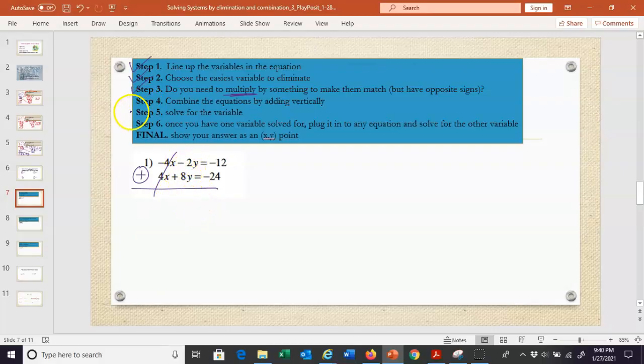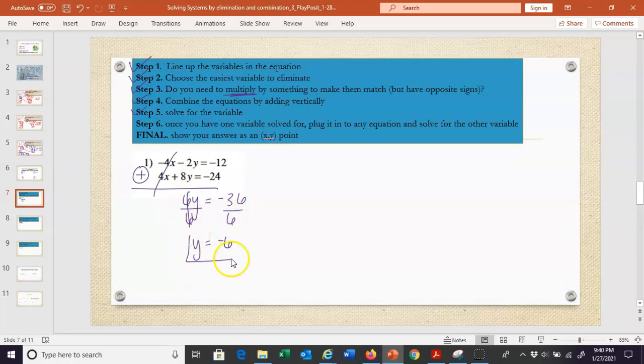So that's step 5, solve for the variable. So let's go ahead. -2y plus 8y is 6y. -12 minus 24 is -36. Now we're on step 5, right? Solve for the variable. Let's keep solving for y. Divide both sides by 6.